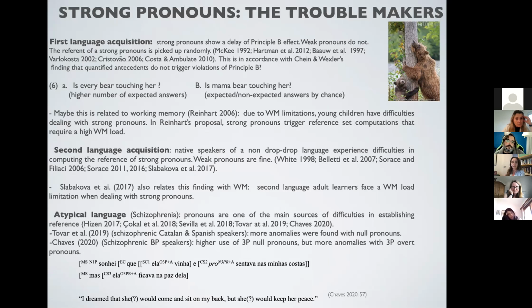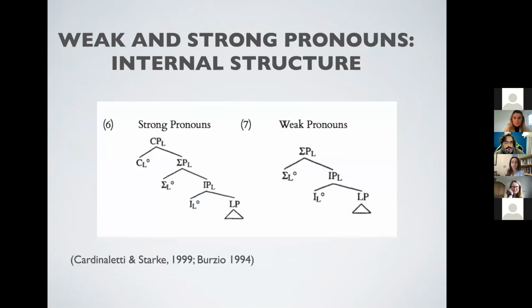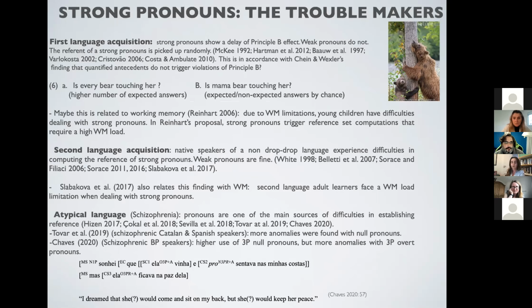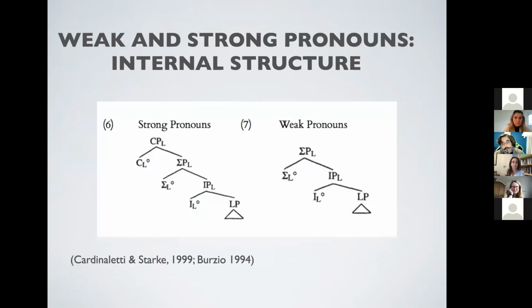Here you have two cases of overt pronoun with an anomaly and one null pronoun. I saw all these reports, and what I can tell you is that they start with an overt pronoun and then they can use a null pronoun, referring back to that pronoun that has no referent. Right? So this is a very interesting case, and it corroborates the fact that strong pronouns are really troublemakers.